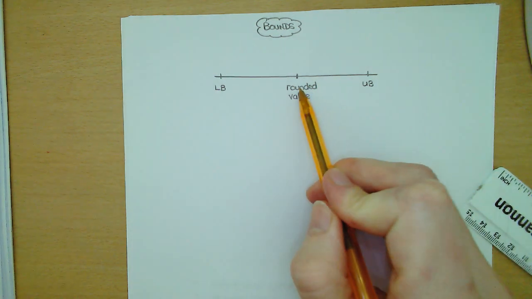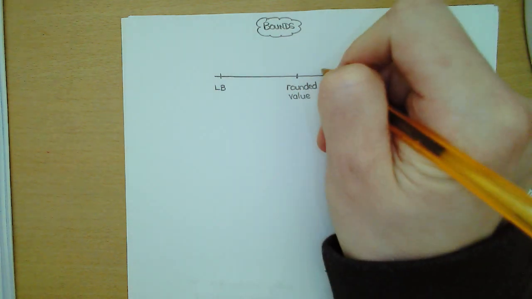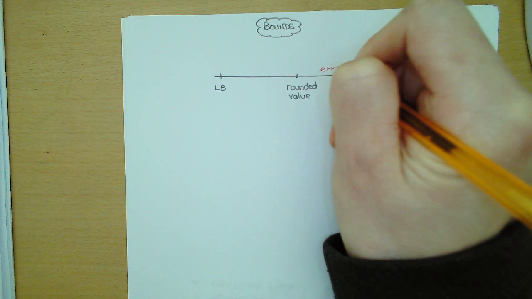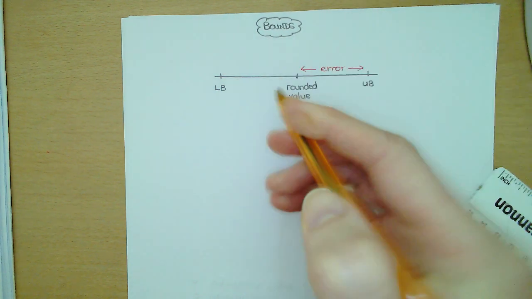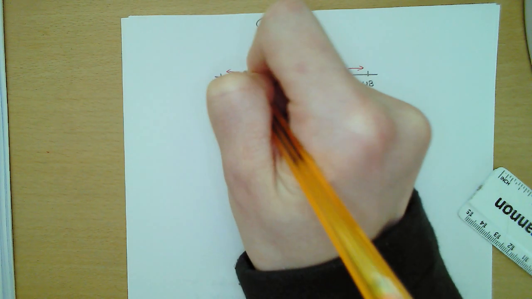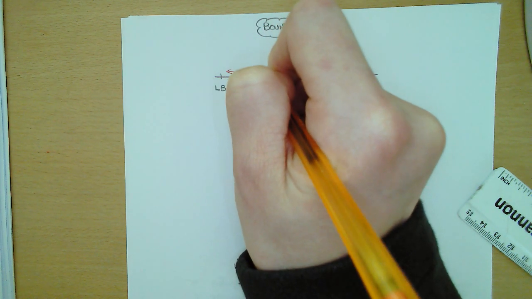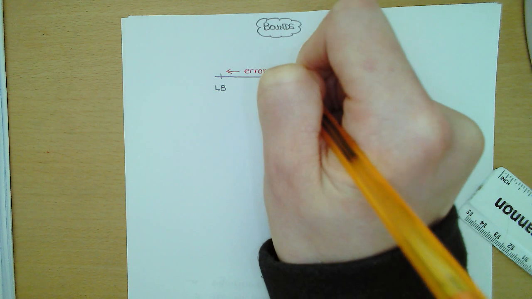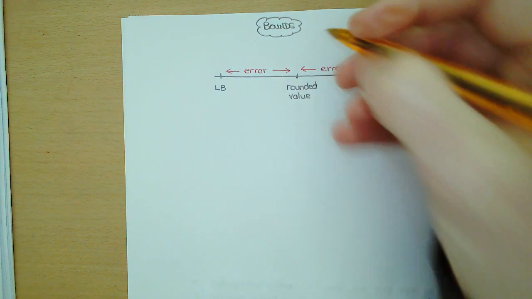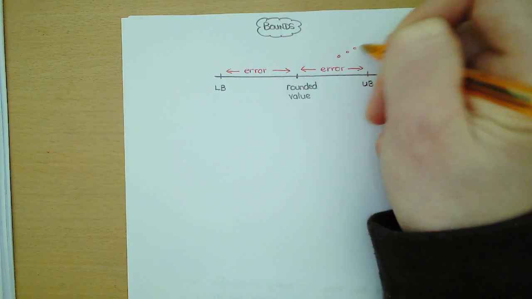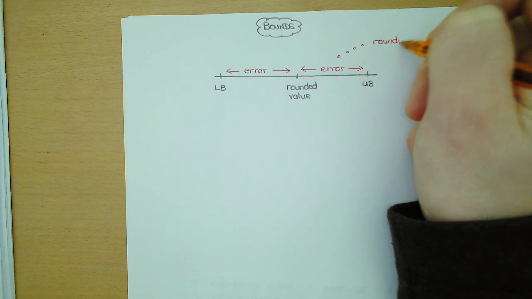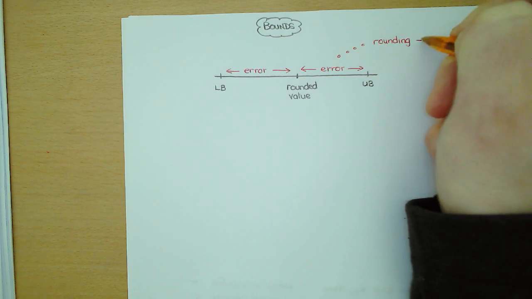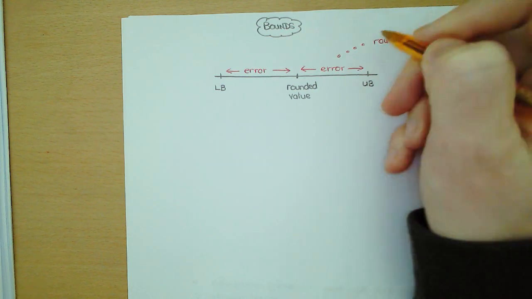So the difference between the rounded value and the upper bound is just called the error, and the difference between the rounded value and the lower bound is called the error. The error is given by the rounding divided by 2.